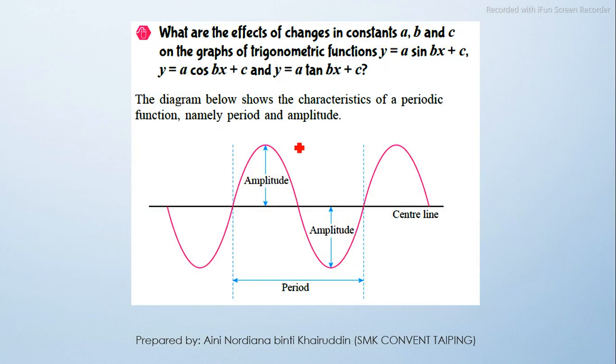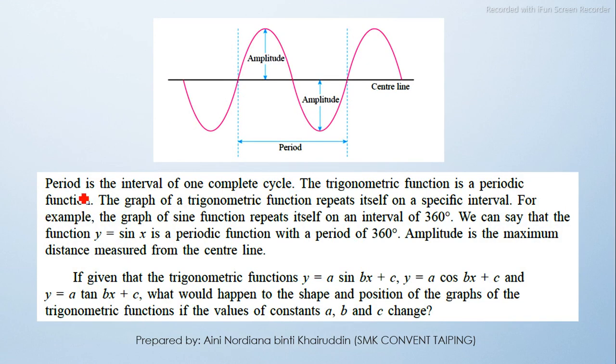The diagram below shows the characteristic of a periodic function, namely period and amplitude. Period is the interval of one complete circle. As you can see, this is the period, which is one complete circle. The trigonometric function is a periodic function.